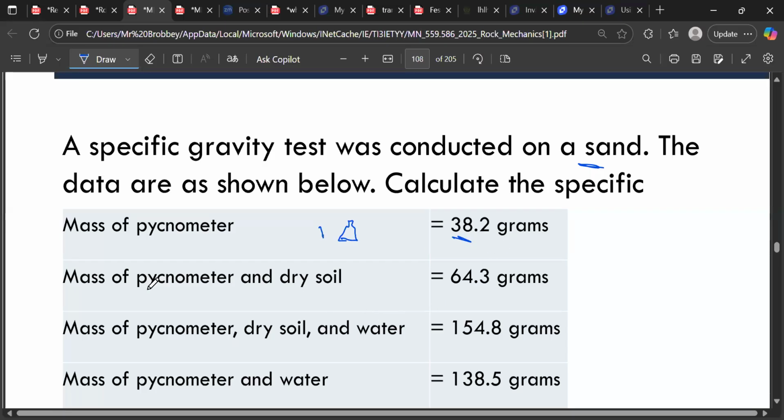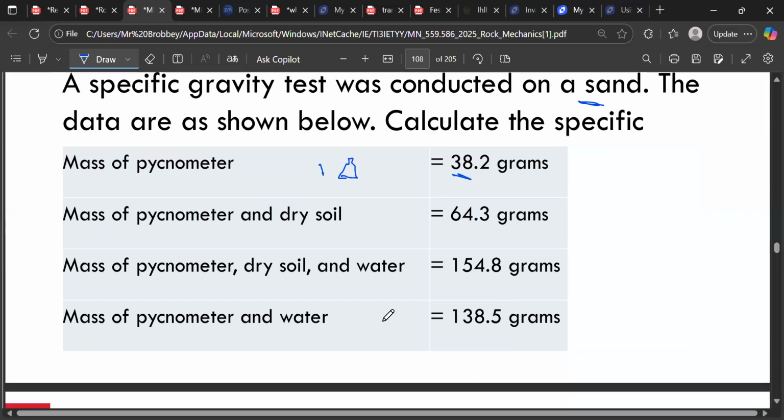The mass of the pycnometer and dry soil is 64.3 grams. The mass of the pycnometer, dry soil, and water is 154.8 grams. The mass of the pycnometer and water is 138.5 grams.